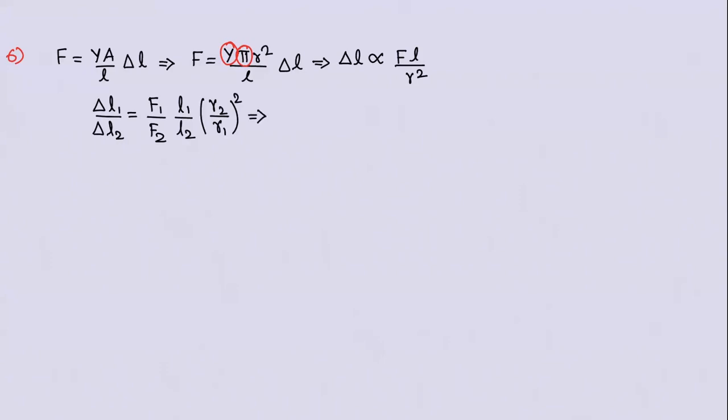Delta L1 is given as 5 centimeters; delta L2 we need to find. Force initially is F, finally 4F. Initial length is L, final length is 4L. Initial radius is R, final radius is 4R, whole square.